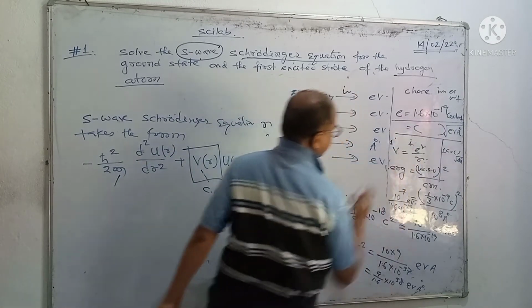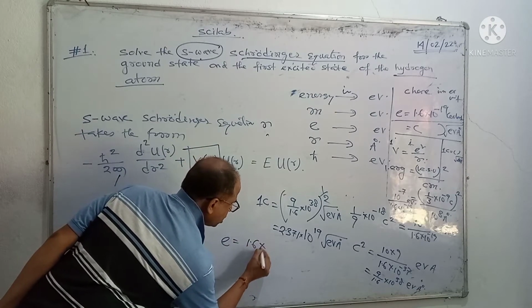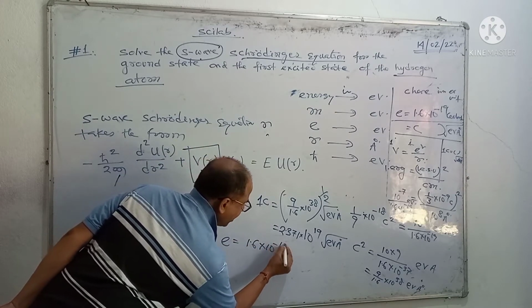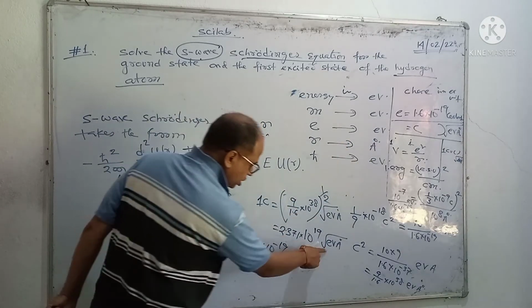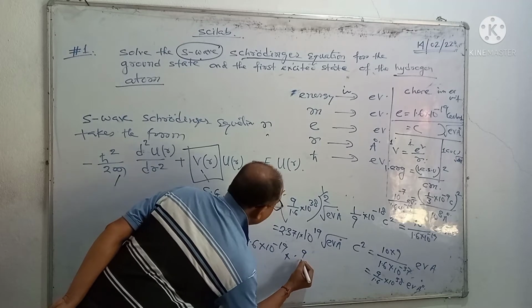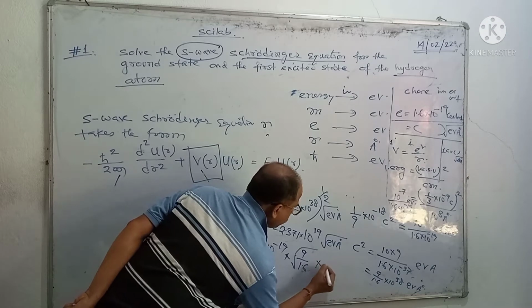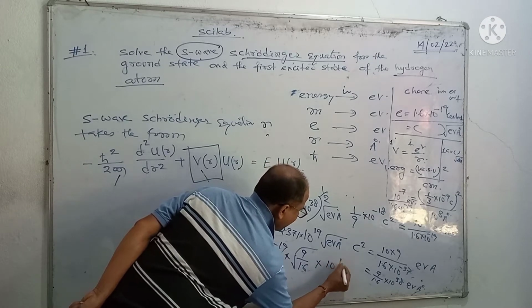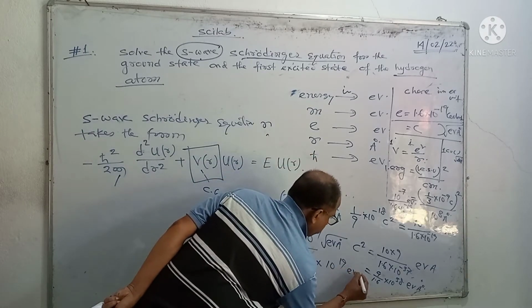Therefore E is equal to 1.6 into 10 to the power minus 19 into 1 coulomb. 1 coulomb means this into 9 by 1.6 square root into 10 to the power 19 electron volt angstrom.